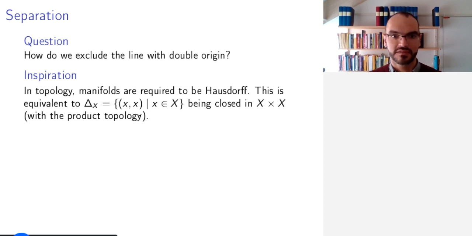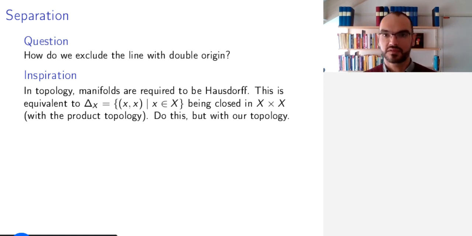So this is an interesting result that says that a topological space is Hausdorff if and only if the diagonal, so the set of pairs x comma x, is closed in the product space under the product topology. We are not using the product topology, remember, we're using the Zariski topology on the product, but still let us see if we can use this property.